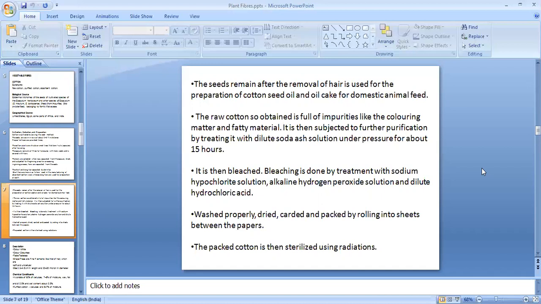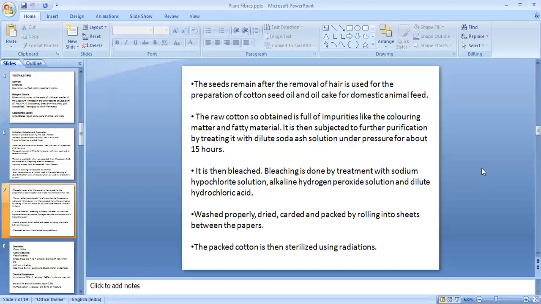During this process, the coloring matter, fatty material, and other vegetable debris are removed. And the cotton obtained by this method is bleached. Bleaching is done by treatment with sodium hypochlorite or alkaline hydrogen peroxide solution or by using dilute hydrochloric acid.